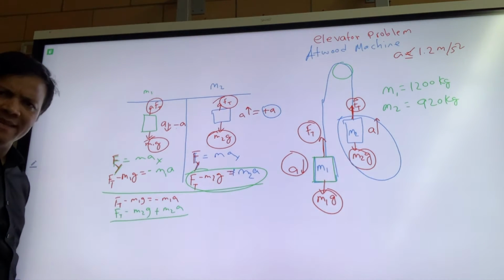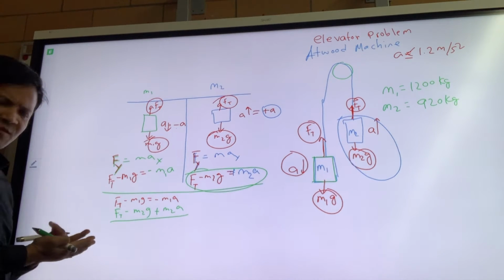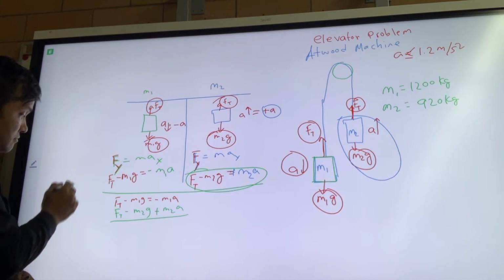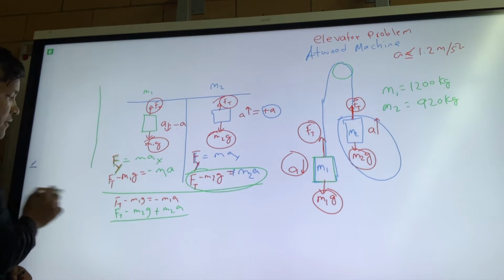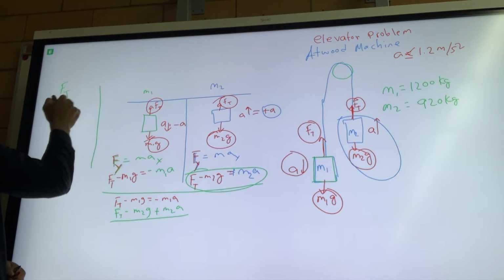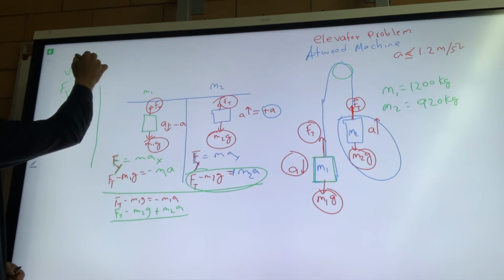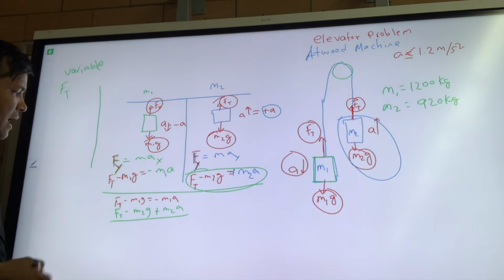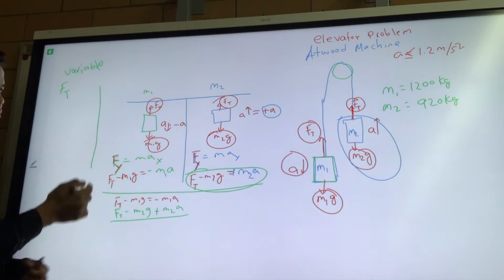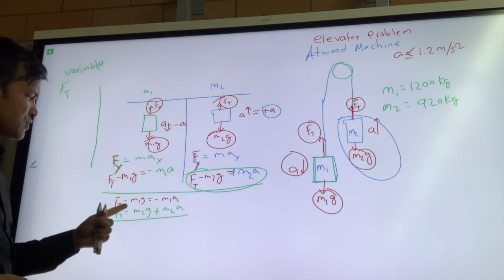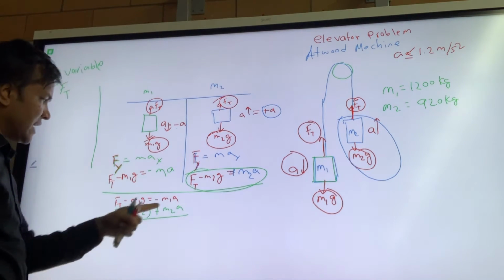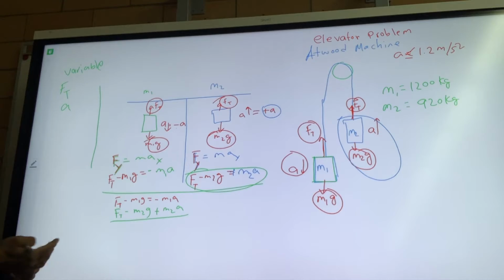Now we cannot do anything, because how many variables are over here? Ft is a variable. M1 is a variable, but we already know M1. M2 we already know. A is a variable. So we have two unknowns.